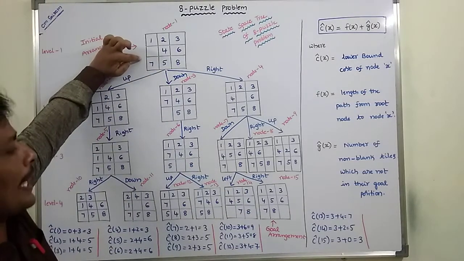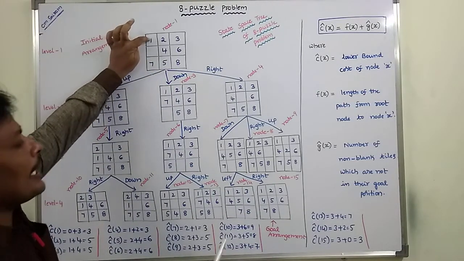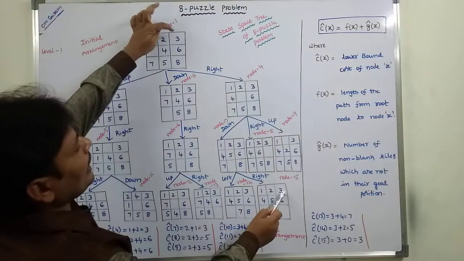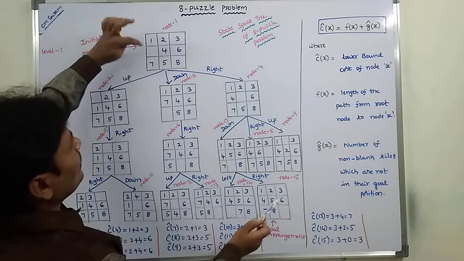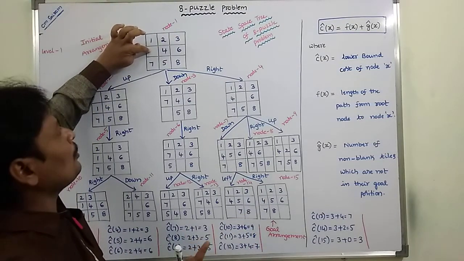This is the goal position and this is node X. How many wrong positions? 1 is in the correct place, 2 is in the correct place, 3 is in the correct place, but 4 is not in the correct place. That is 1 wrong position.